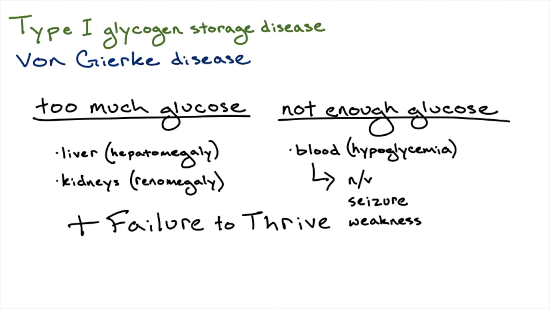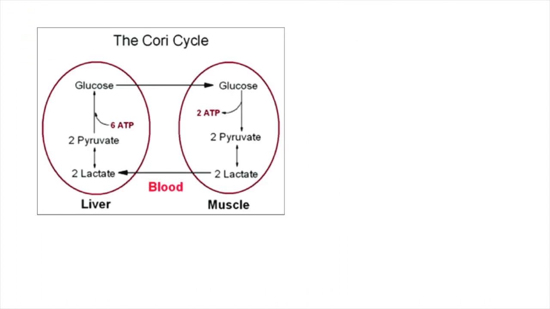The other physiologic consequences are a little trickier to intuit because they require you to think back to biochem and remember the Cori cycle. Using the Cori cycle, you typically get to convert lactate produced by your muscles back into usable glucose through gluconeogenesis.